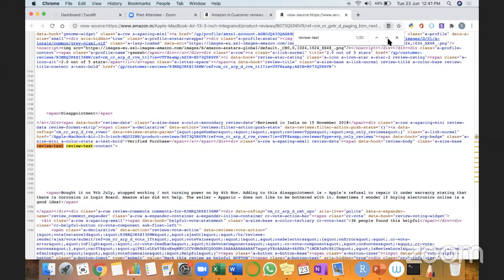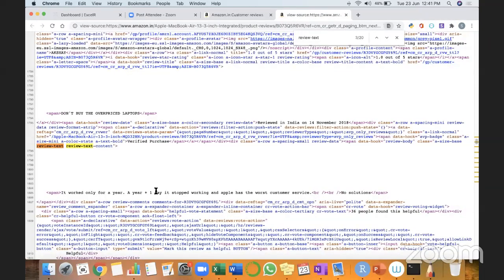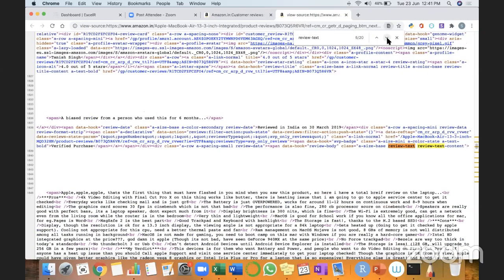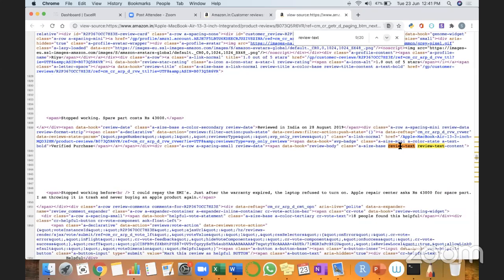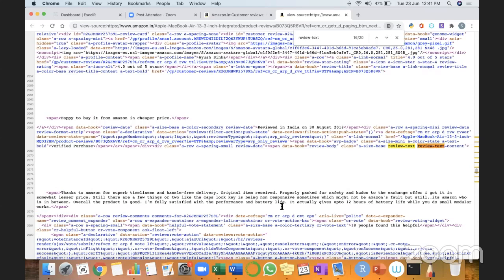For example, if I see the next one, this is under review. It worked only for 1 year, after 1 year it stopped working, something like that. So this text is available only after this review hyphen text. These are the next reviews. It checks for all these keywords and whatever information is available will be pulled. That is what we wanted as part of the review analysis, right?